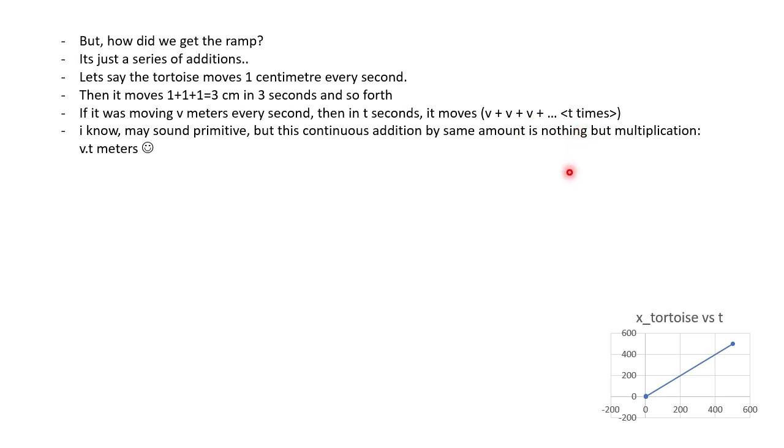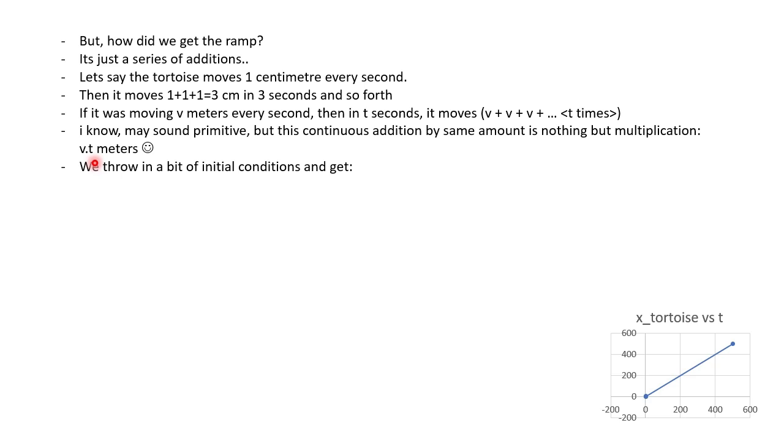Now this is nothing but multiplication. So instead of writing it in this big way, v plus v t times, we have a shortcut for that. We just say t times v. So instead of writing it this way, we just write it this way. Now that's nothing but multiplication, right?